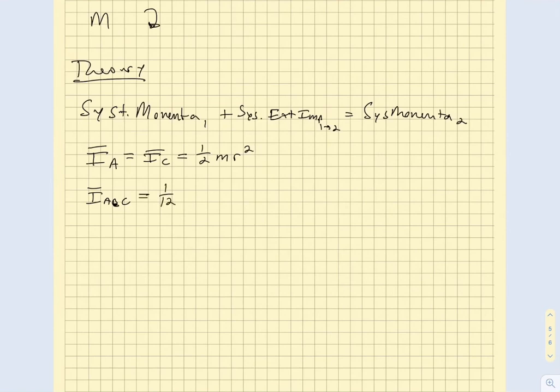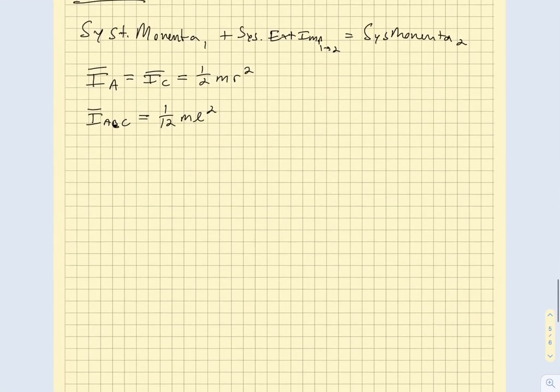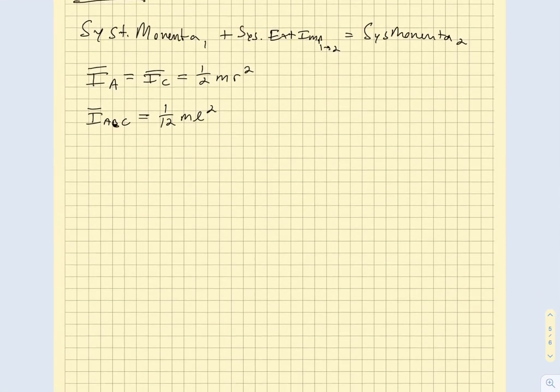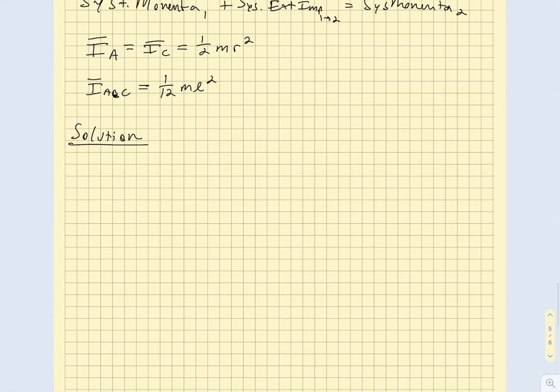So we'd say I bar for A is equal to the I bar for C, which is just equal to 1/2 M R squared. And then the I bar for ABC, we can model that as being a rod. So it's 1/12 M L squared.